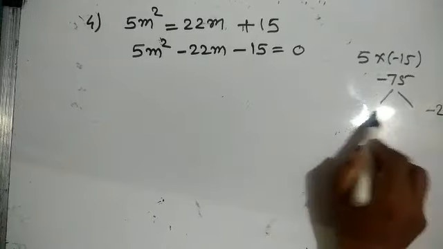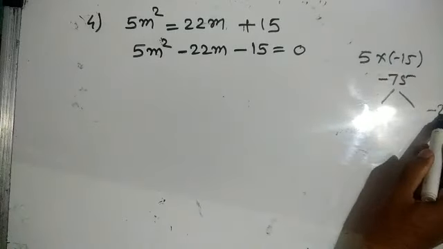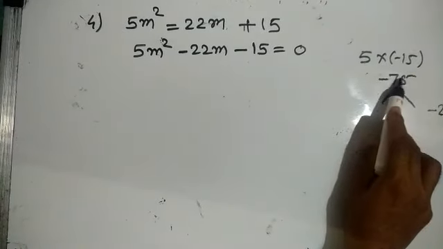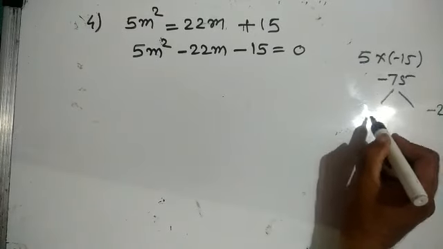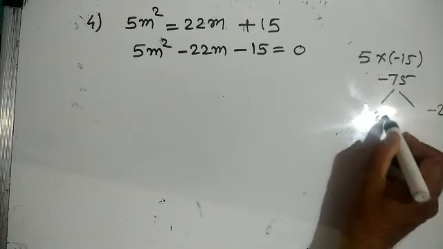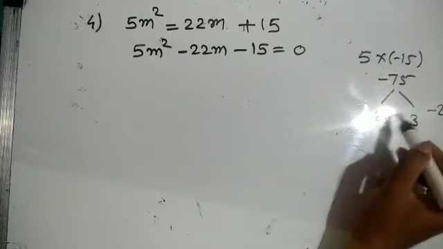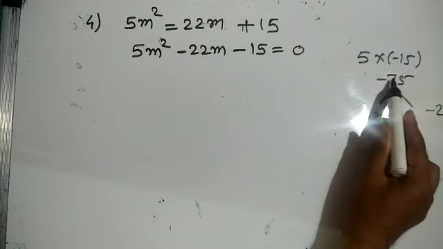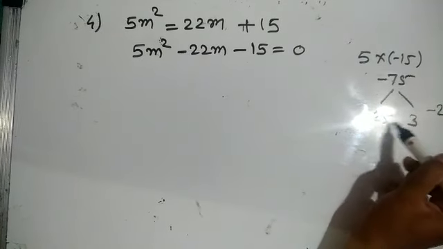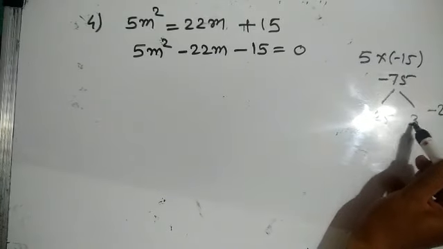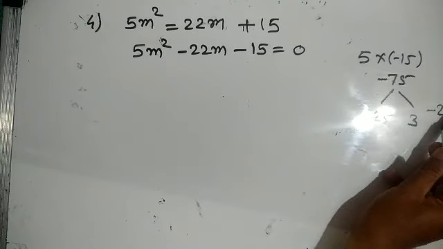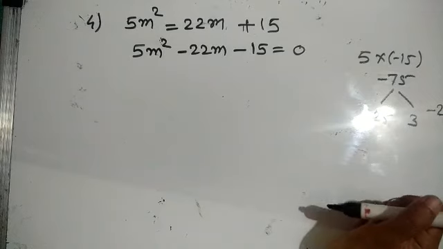When we add these two numbers, we get minus 22, and when we multiply these two numbers, we get minus 75. Therefore, minus 25 plus 3. When we multiply these two, we get minus 75, and when we add these two, minus 25 plus 3, that is minus 22.